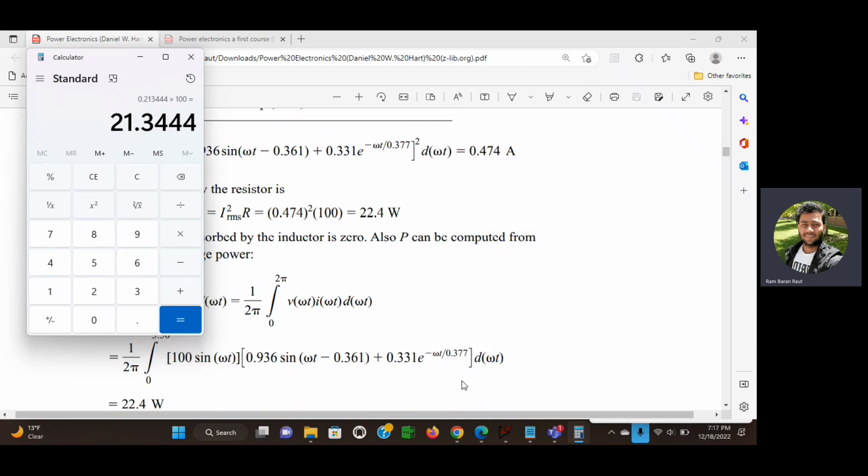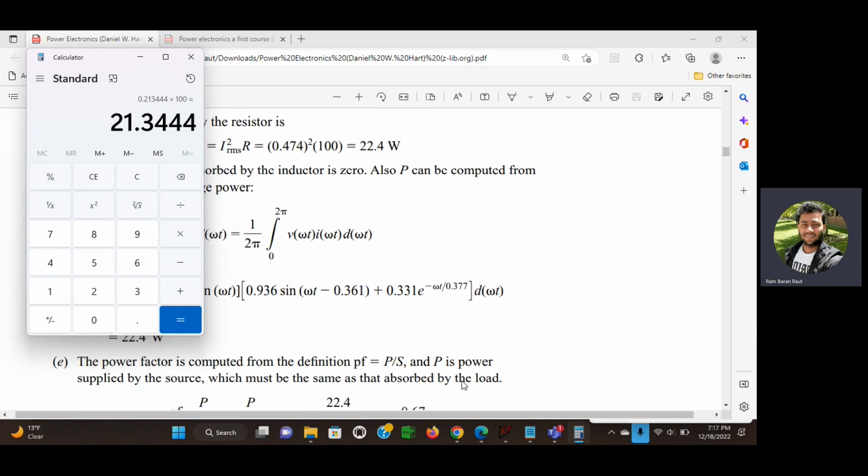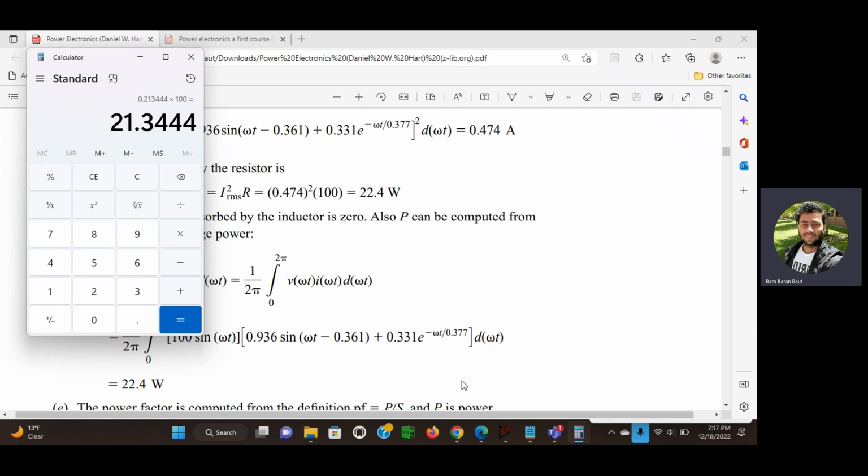Now we are going to find the power factor.